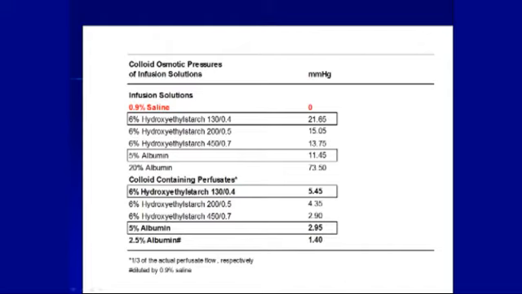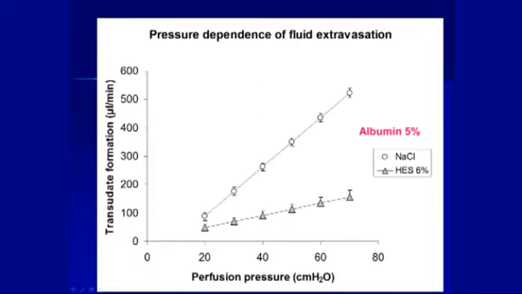Replacing one third of the buffer volume by 6% hydroxyethyl starch developed a very high colloid osmotic force in the vessel. As to be expected, the artificial colloid led to a decrease in net fluid filtration. But what would be the impact of human albumin?